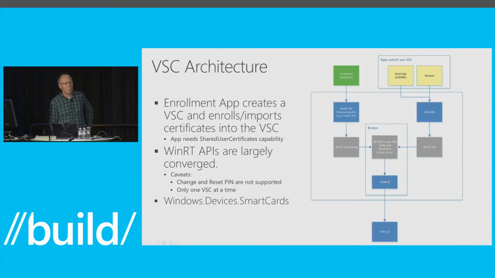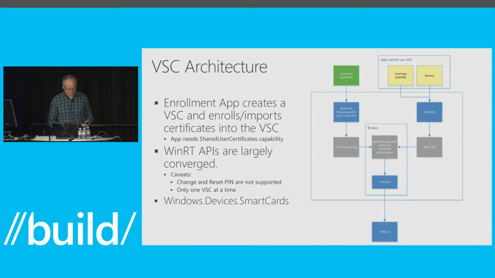It talks through a TPM KSP, which is now also available for developers to use freely, which in turn creates the container and creates the keys or imports the keys. An app can then, like the browser, and we've implemented this in 2 places in the platform, an email app and a browser, is then using the CNG APIs to work with the smart card KSP.